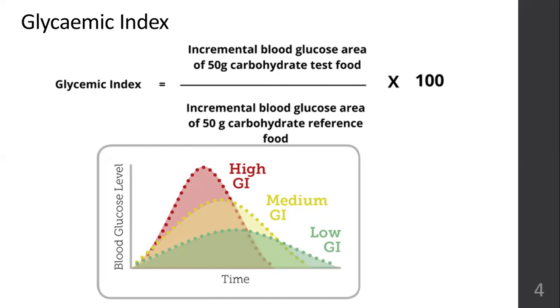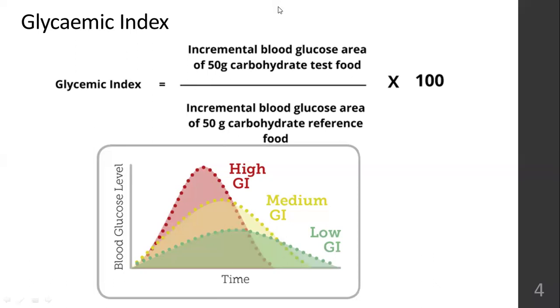Medium, it will take a little bit of time, 20 minutes to half an hour for your blood glucose level to reach the peak. Low glycemic index food will not cause much difference in your blood glucose level. It is very steady, very slowly your blood glucose levels will increase, and it is easy on the body as well.